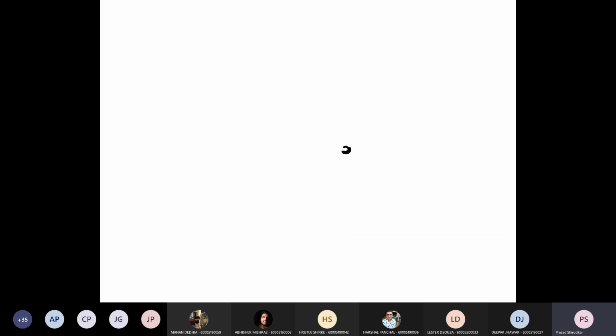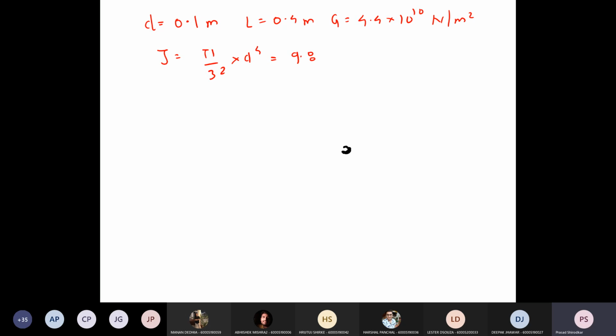So let's summarize the data. The diameter of the shaft is 0.1 meter, length is 0.4 meters. Modulus of rigidity is 4.4 into 10 raised to 10 Newton per meter square. Polar MI is pi by 32 into d raised to 4. Substituting d over here, this comes out to be 9.82 into 10 raised to minus 6 meter raised to 4.